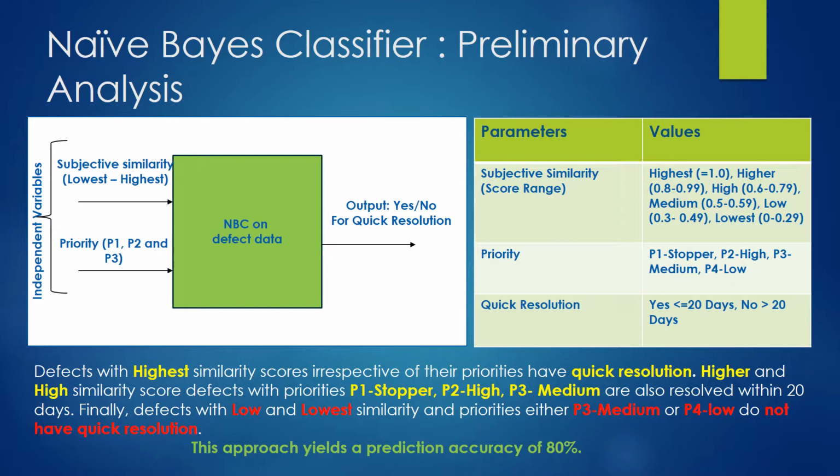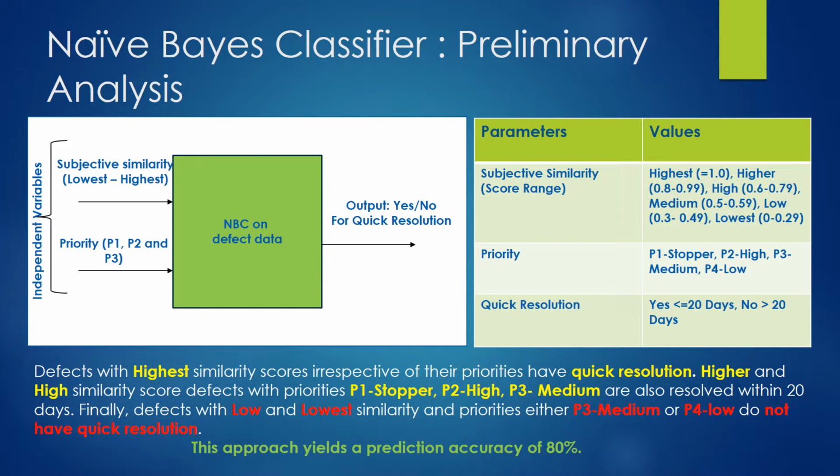We observe that defects with the highest similarity scores, irrespective of their priorities, have quick resolution. Defects with higher and high similarity scores and priorities P1 stopper, P2 high, P3 medium are also resolved within 20 days.